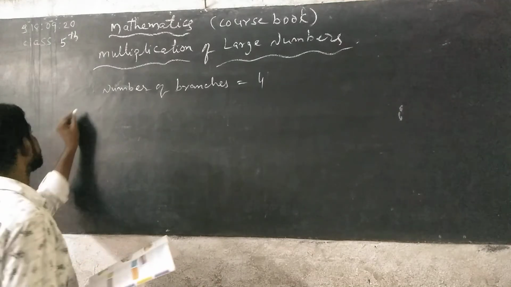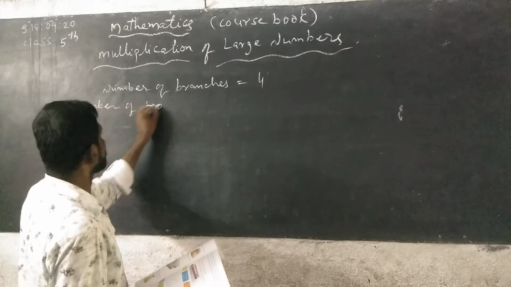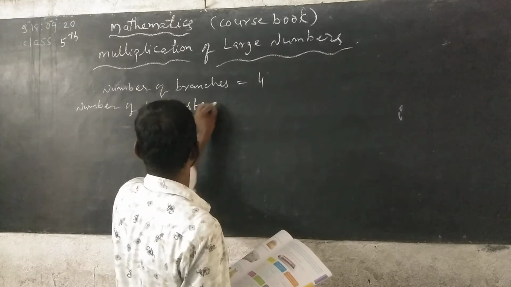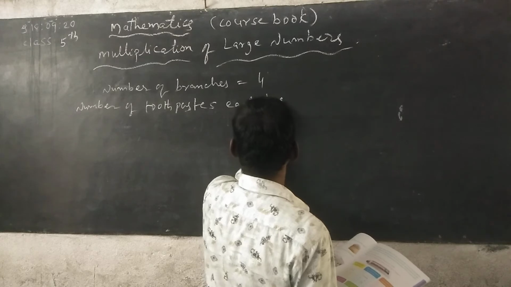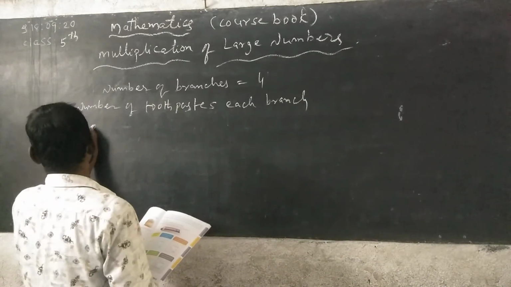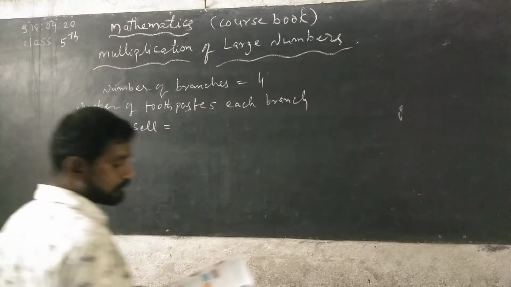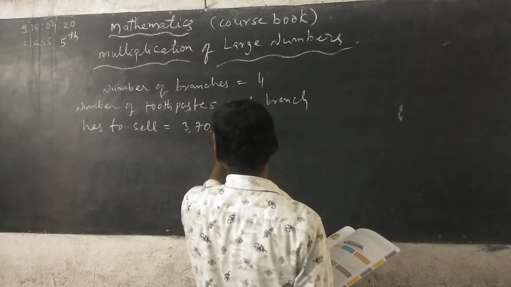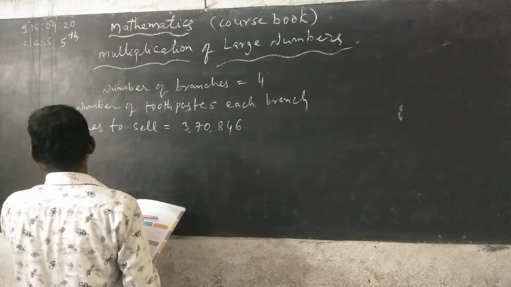Number of toothpastes each branch has to sell. ఒక్కొక్క బ్రాంచ్ ఎన్ని టూత్పేస్ట్ అమ్ముతుంది నాన్న? 3,70,846.